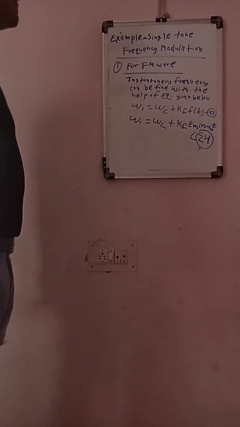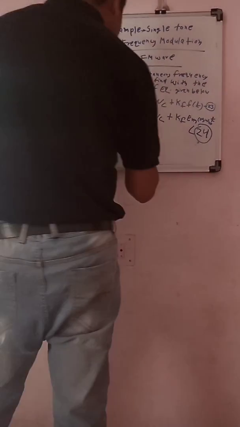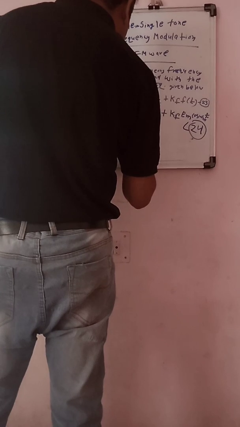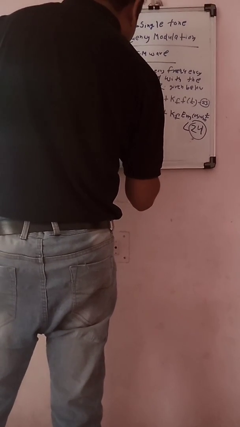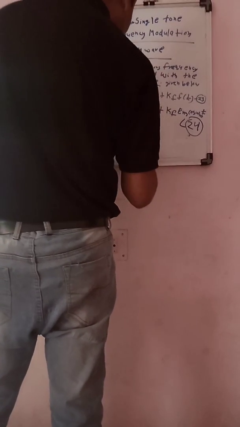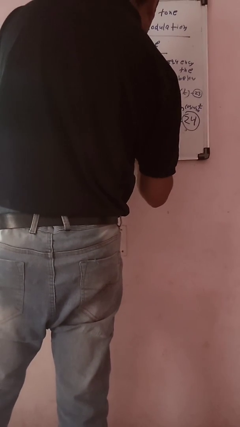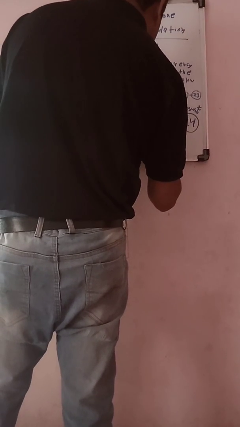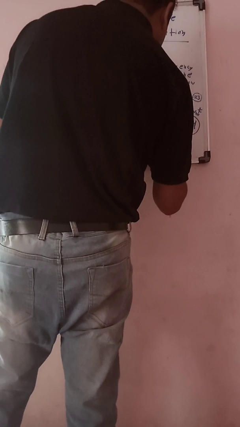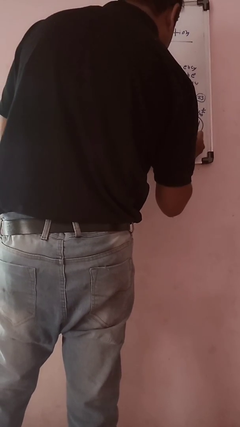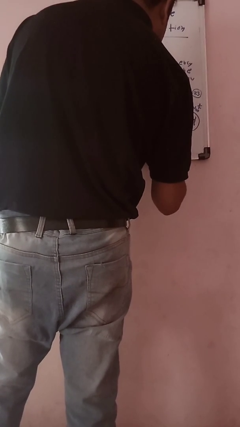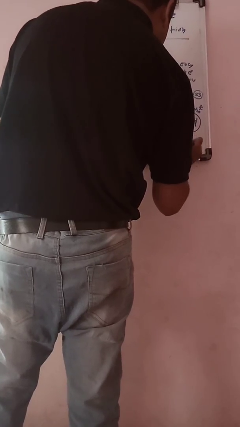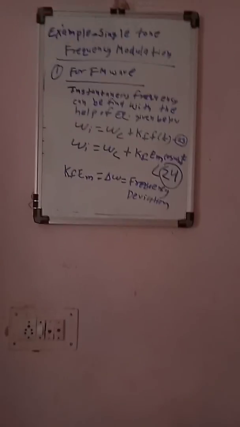So omega equal to omega c plus kf em cos omega mt. Here this kf em is what? We already found this kf em. It is nothing but the delta omega, the value of the frequency deviation. So this kf em represents the frequency deviation delta omega.